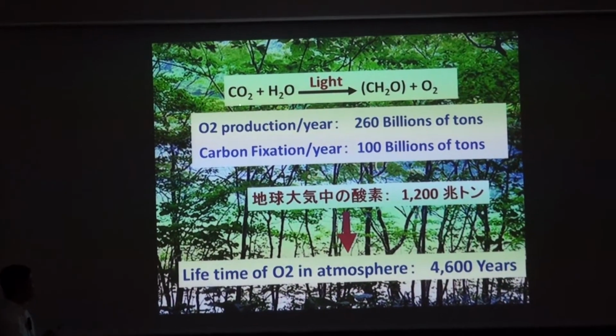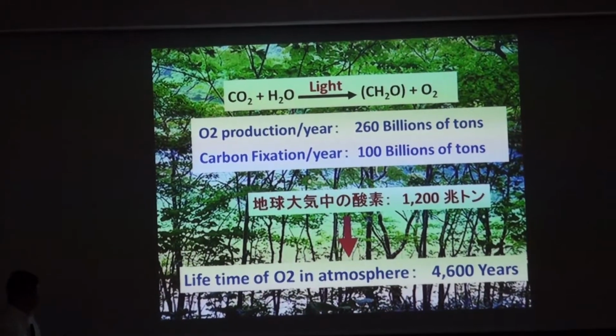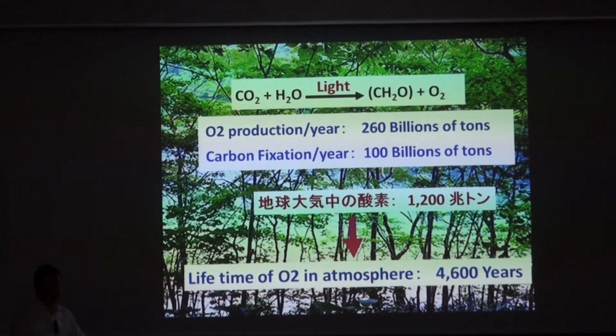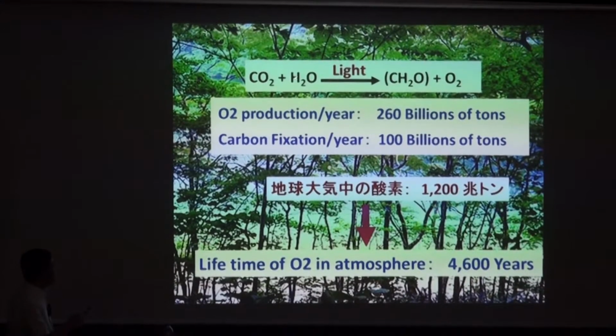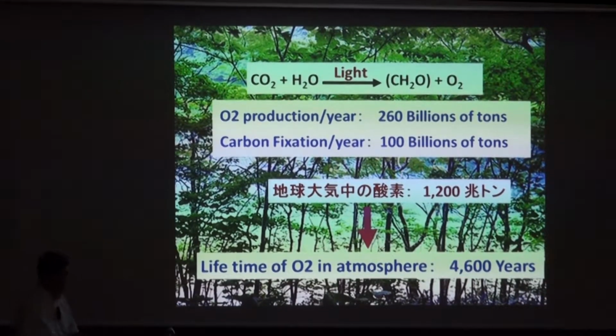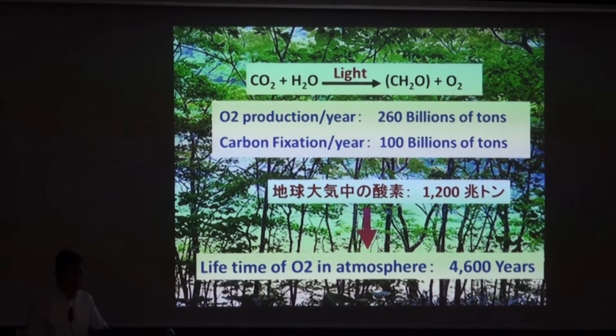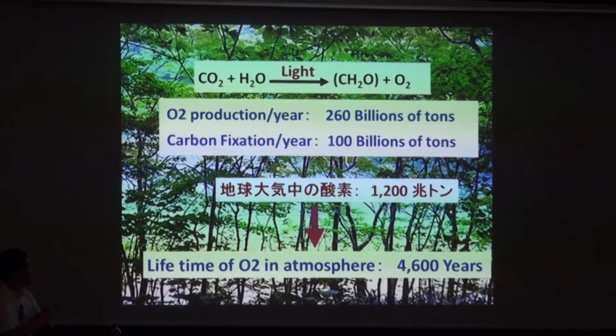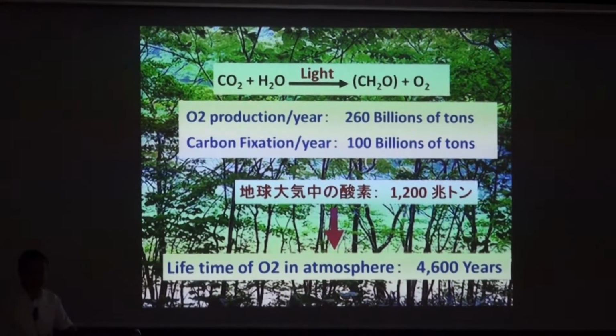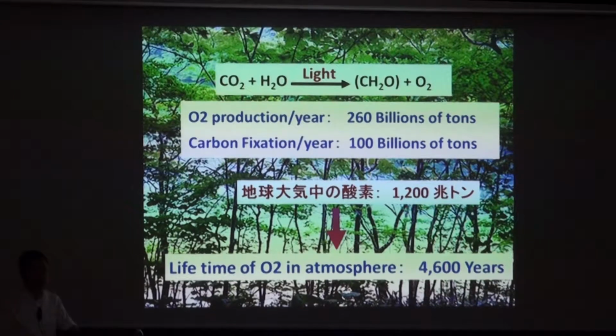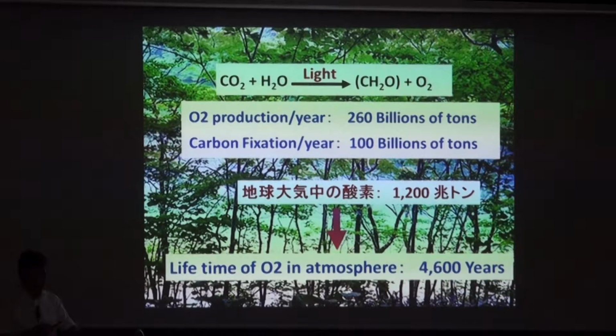The process of photosynthesis is written here, which means that from carbon dioxide and water, by using the energy from sunlight, carbon dioxide and water are combined into carbohydrates and the organic substances we use, and then oxygen is produced in this process.